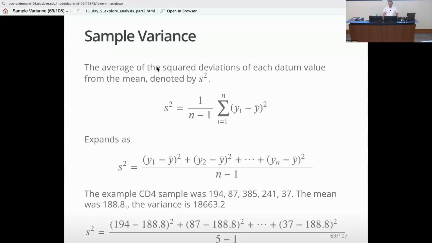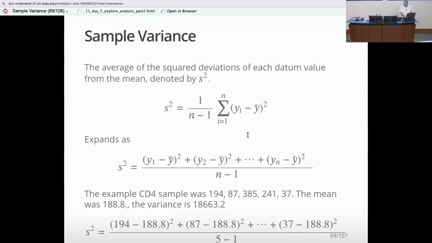So we can talk really quick about measures of spread. Again, this is probably something that people are used to. Sample variance is basically how spread out the data is.